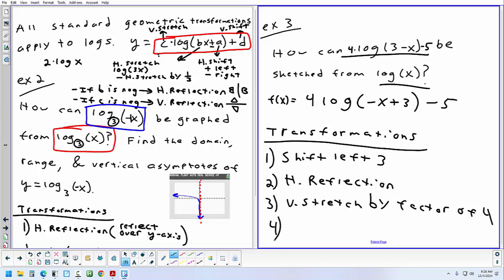Yep. What number is in that spot? -5. And what's that going to do? Vertical shift down by 5. Yep. So we're going to shift down 5. Okay. So those are the transformations and the order we should put them in. Any question on that?